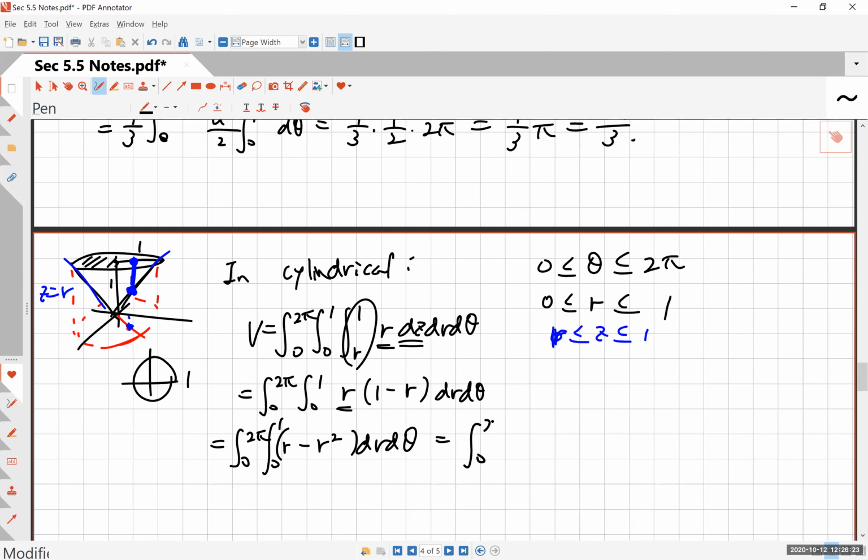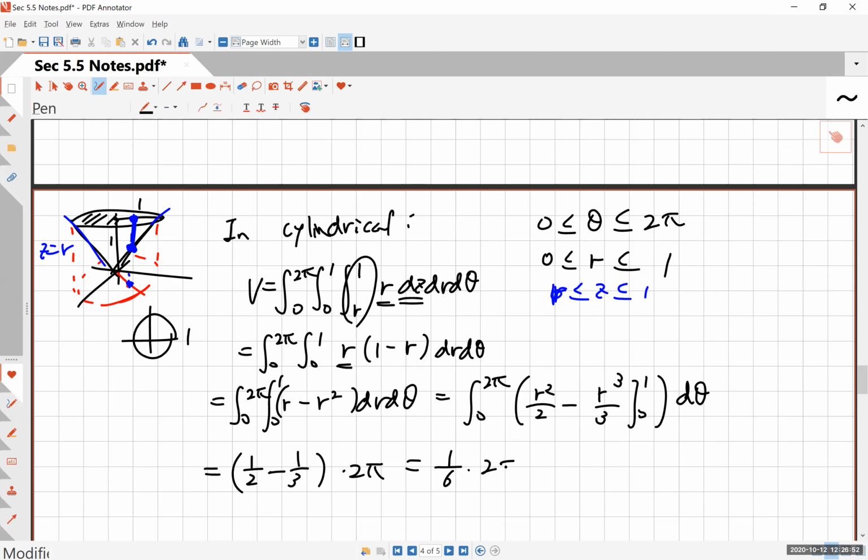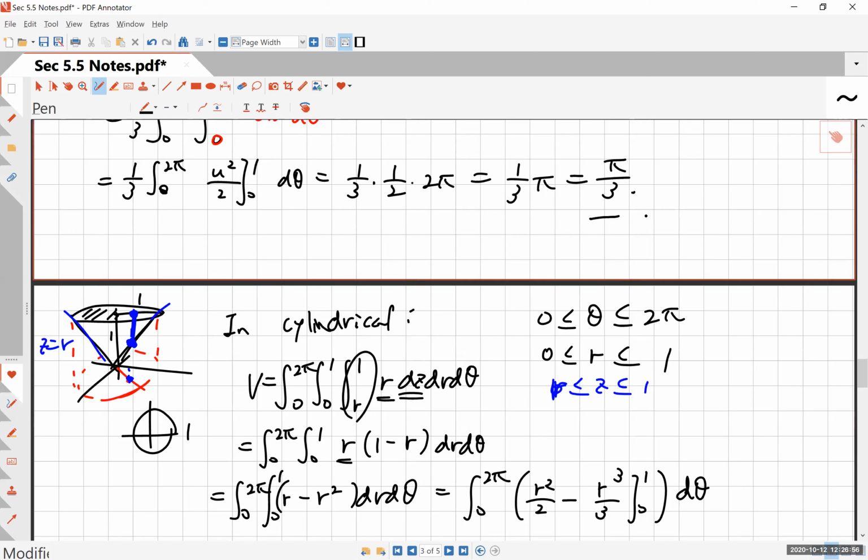Okay, and so this goes from 0 to 2 pi of r squared over 2 minus r cubed over 3, 0 to 1, this is r to the cube power, right? Okay, and then you have the theta, but that is 1/2 minus 1/3, right? And then you just have 2 pi at the end. So this is 1/6 times 2 pi, and of course that is pi over 3, as we expected.